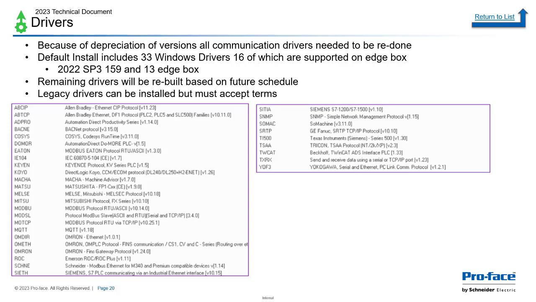So you can see we've added drivers for the Edgebox, but obviously we're deprecating many Windows drivers. Okay. The remaining drivers will be rebuilt based on a future schedule that we're going to determine. And you can still use any of the legacy drivers. They can be installed, but you must accept the terms to install the drivers using the old frameworks, etc.